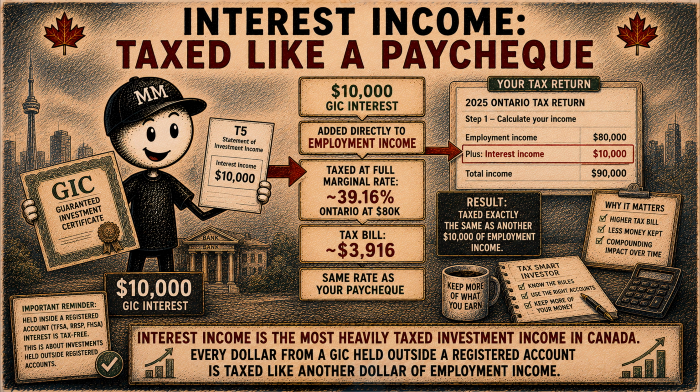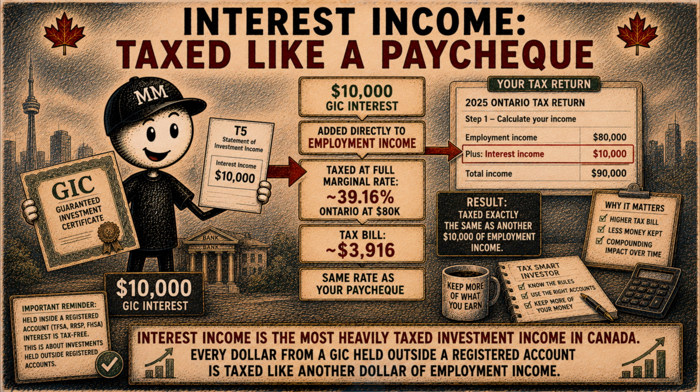Type 1. Interest income. Interest income from GICs, savings accounts, bonds held outside a registered account, is taxed as ordinary income. It is added directly to your employment income and taxed at your marginal rate. At $80,000 Ontario income, the marginal rate on interest income is approximately 39.16%.